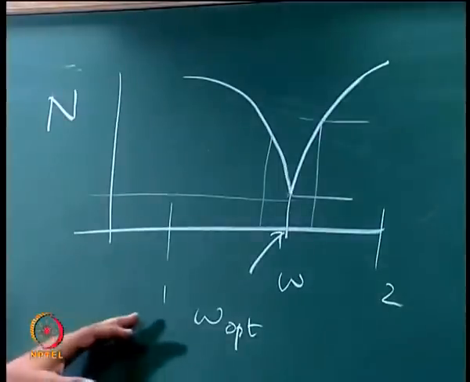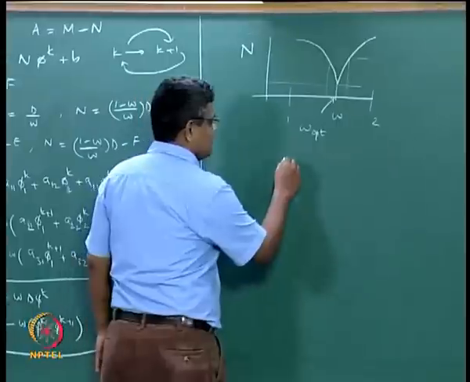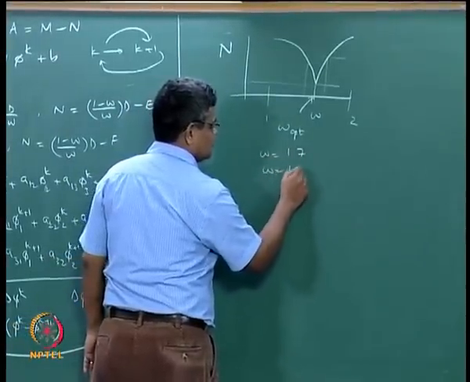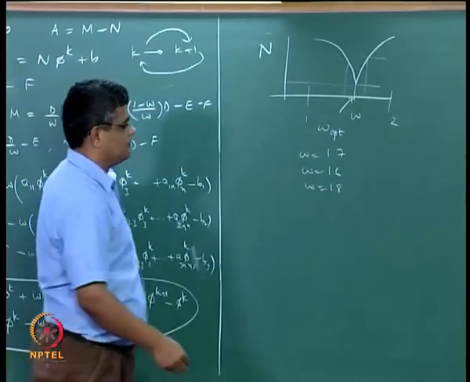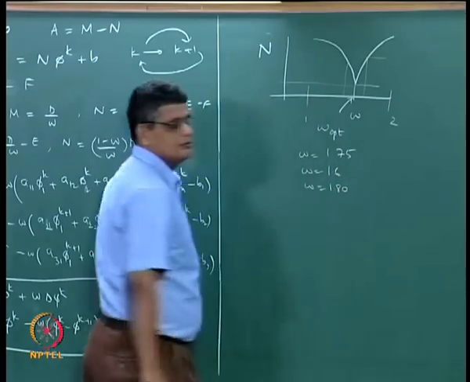It can be anywhere between 1 and 2, and there may be a difference between omega of 1.7 and omega of 1.6 and omega of 1.8. There may be a difference between 1.75 and 1.80.